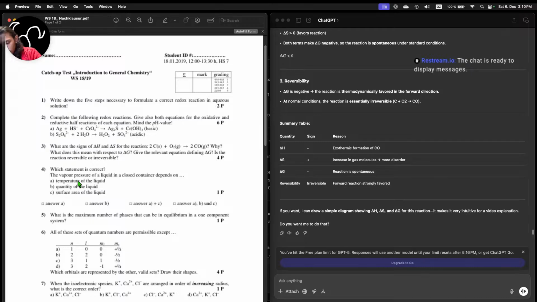X equals minus 2 for sulfur. 2x plus minus 2 equals 0, x equals 1. So it went from 0 to plus 1, lost electron. Oxidation half reaction. Now balance, balance fast.